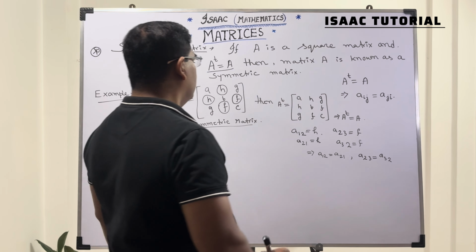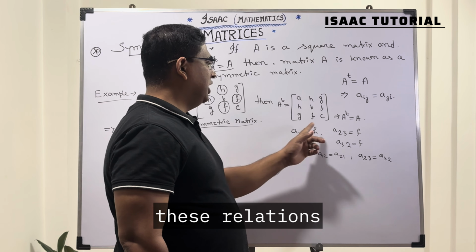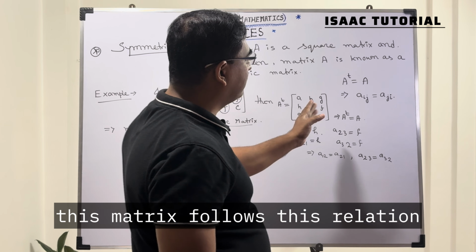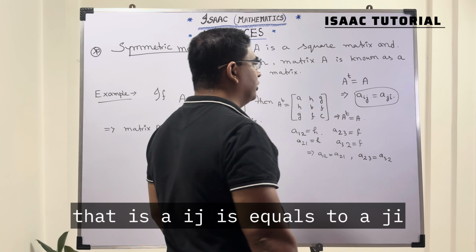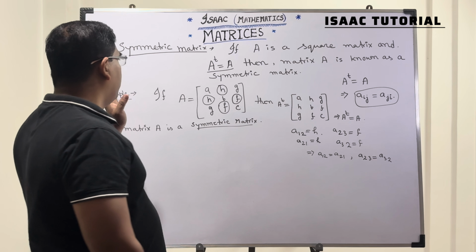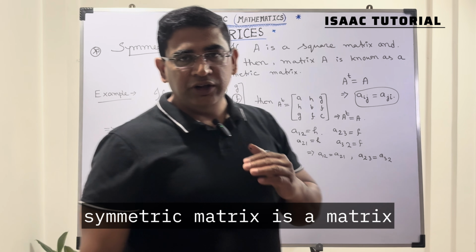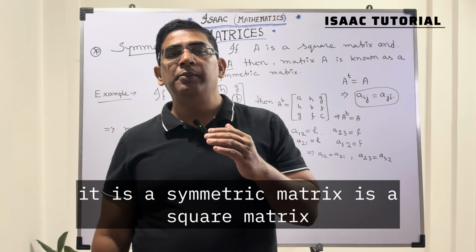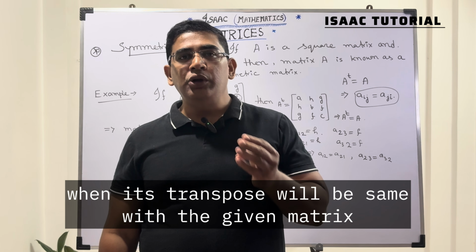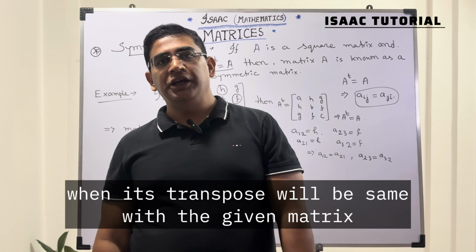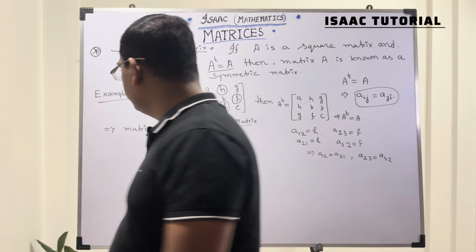That means this matrix follows the relation Aij is equal to Aji. So a symmetric matrix is a square matrix whose transpose is the same as the given matrix.